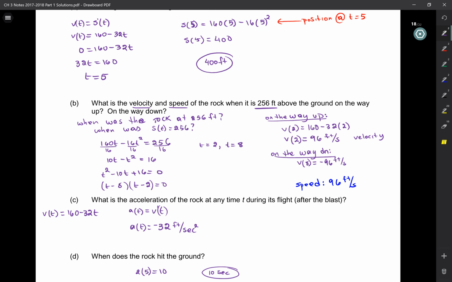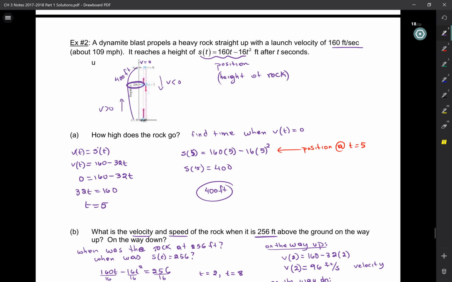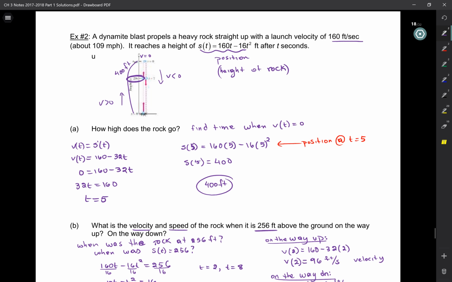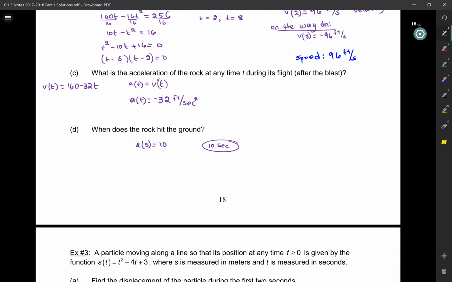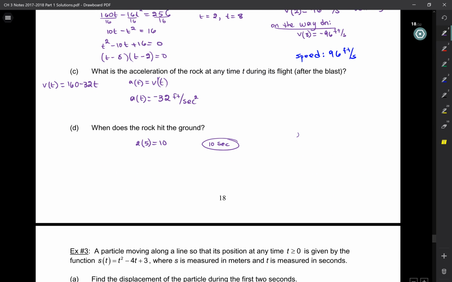You can also, Simona was saying you could set it equal to 0. You could also, let's say you hadn't done all that preliminary work, you could have also said s of t is equal to 0.